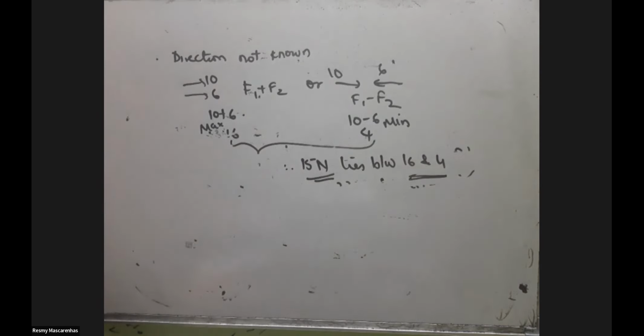Question number 7. It says a car is moving north at a speed of 54 kilometers per hour.